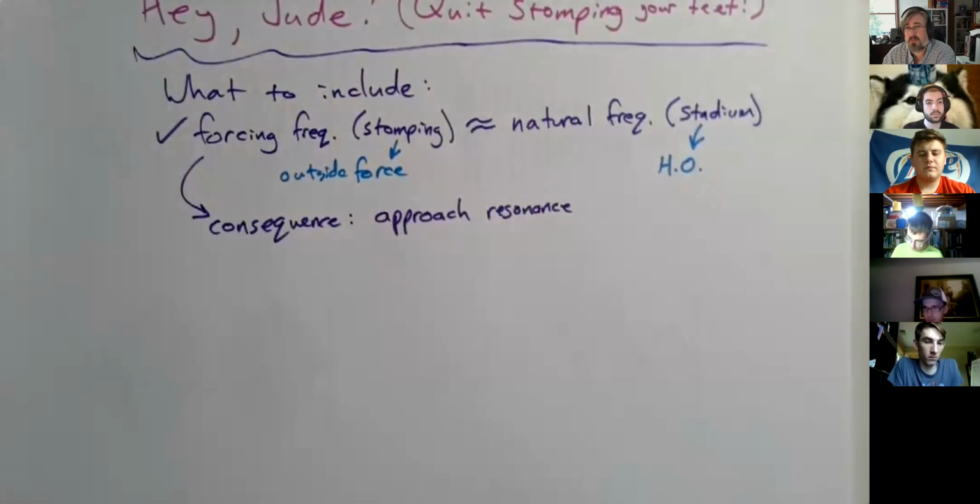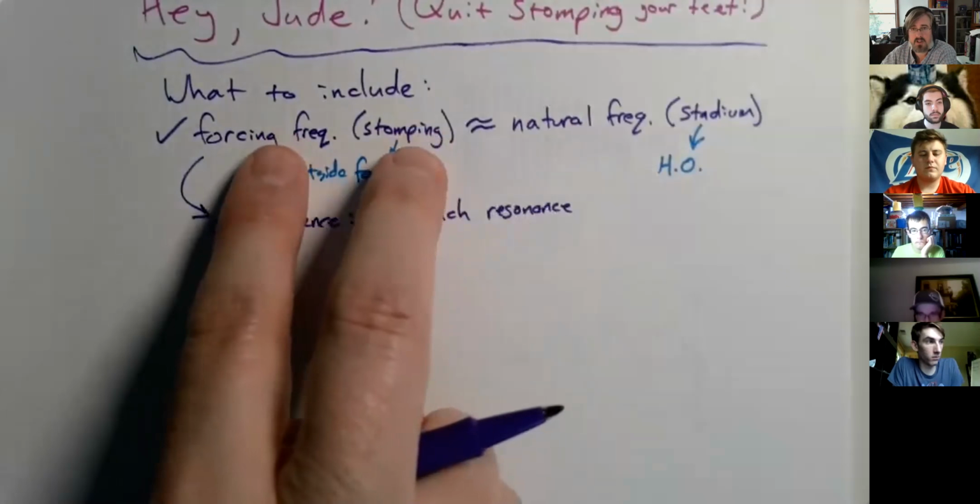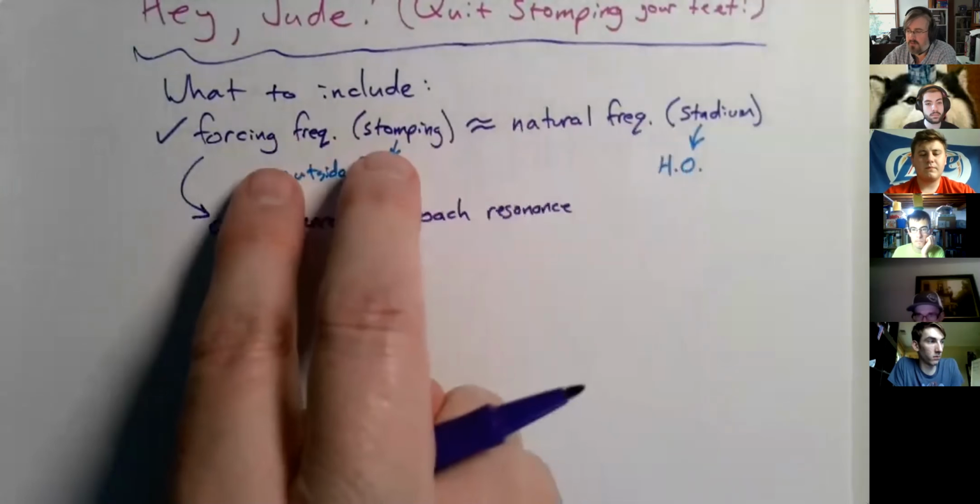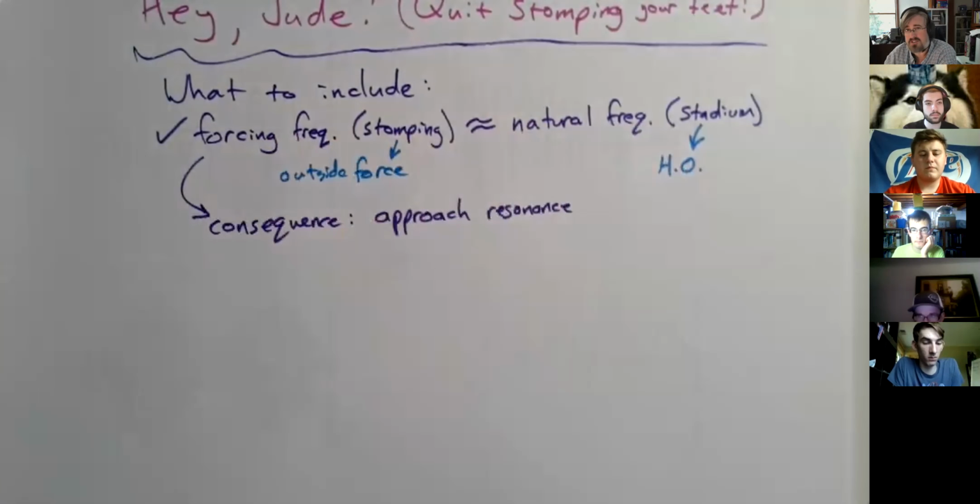There's one piece of the puzzle, though, that's a little absent so far. If the forcing function frequency and the natural frequency are close to each other, we can expect resonance, but there's one more catch. There's one more thing that we've not mentioned so far. What else must be true in order for us to think about things being close to resonance or approaching resonance?